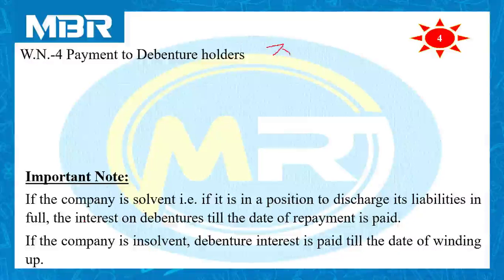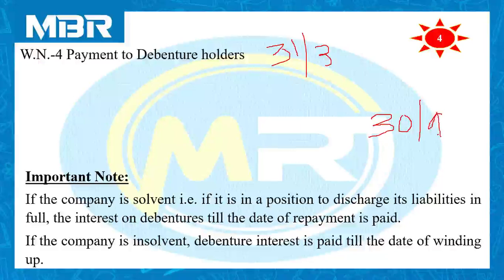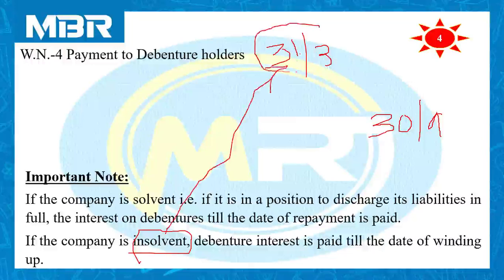Say for example, the date of liquidation is 31st March and the date of payment to the debenture holder is 30th September as per our question. Now we have to pay debenture interest to the debenture holders at the time of making their payment. If the company is insolvent, insolvent means the company is not able to pay its liabilities in full, then interest is payable till the date of liquidation.